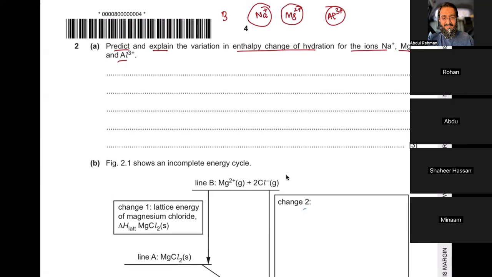So from sodium to magnesium to aluminium, enthalpy of hydration is going to increase, or you can say become more exothermic, because the ionic radii decrease.